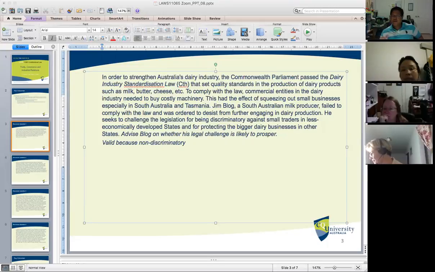So therefore, if you can allege that a law seems to discriminate against certain businesses or discriminate against certain states, then because on the basis of that discrimination, or probably the special burden that is imposed, then necessarily the law has to be invalid as being contrary to Section 92. Is that how it is?